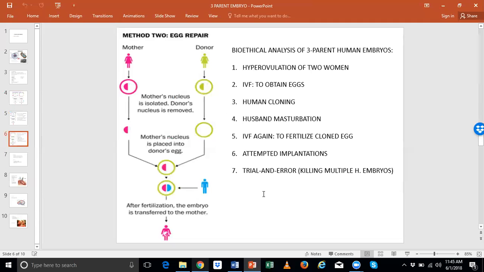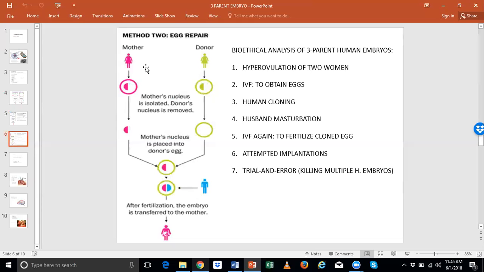Finally, I want to mention this. To what purpose? Oh, and by the way, this is a 3-parent embryo, right? But it can also be a 4-parent embryo. In other words, I said that the mother is compromised with her DNA, with her mitochondria, right? She has mitochondrial disease. That's the whole justification for this process.